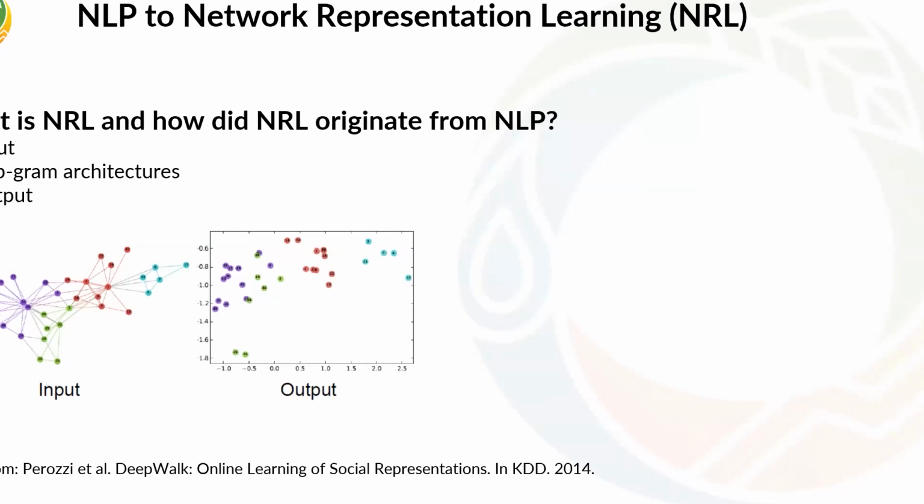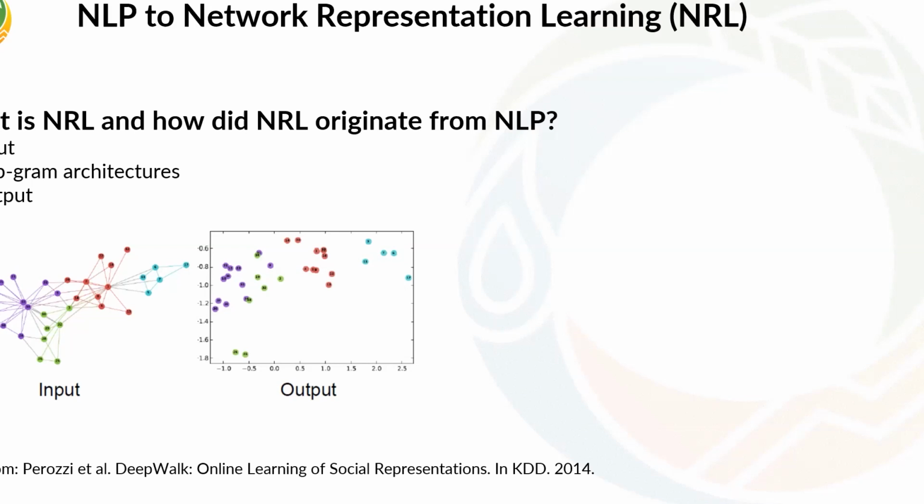There are some similarities between NLP and network representation learning. Of course, there are some differences. Let's look at the differences by looking at three aspects. First, input. In NLP, you take large text data as training data.